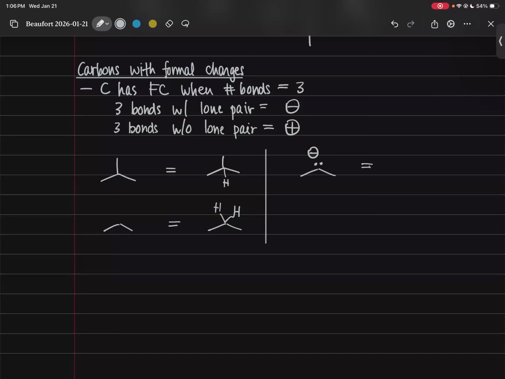When carbon has a formal charge, it has 3 bonds total, not 4. So there's 2 bonds explicitly drawn. Those are to carbons. How many hydrogens do we have on this negatively charged carbon to get to 3 bonds total? Just 1.